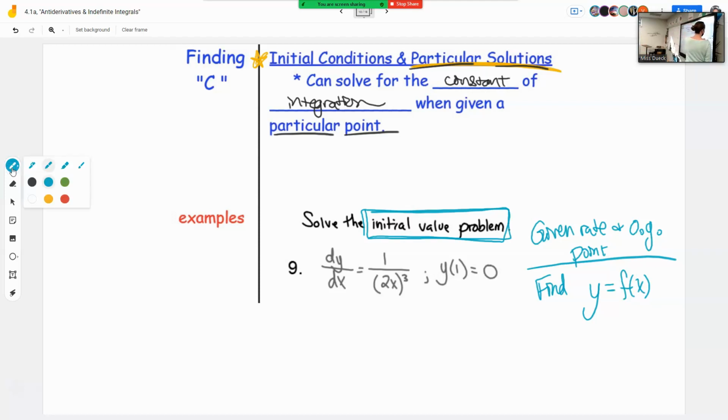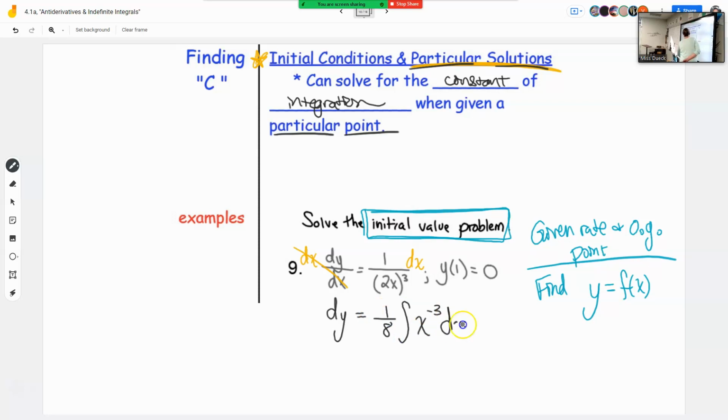Well, you see, if we use section 3.7 of last chapter to split up the differential and get dy by itself, if I have my Leibniz notation, I can go ahead and get something that I can integrate.